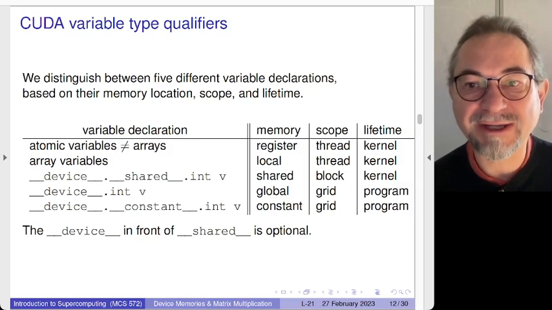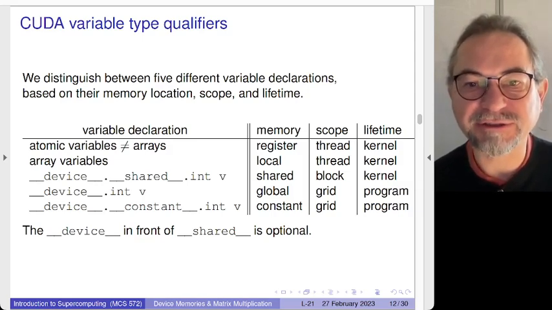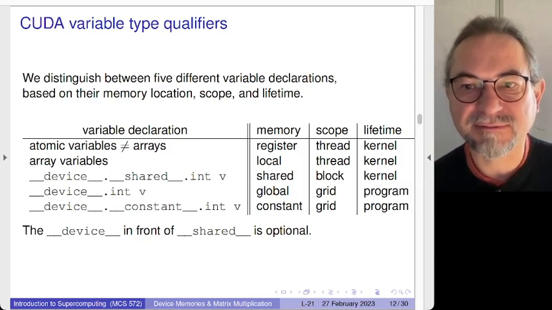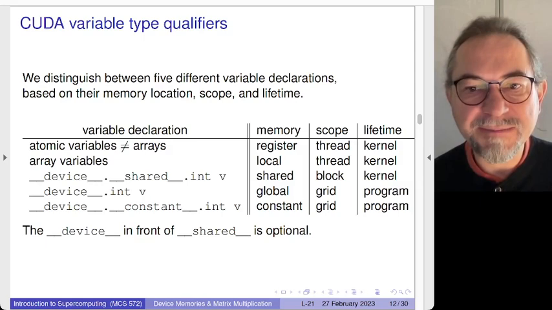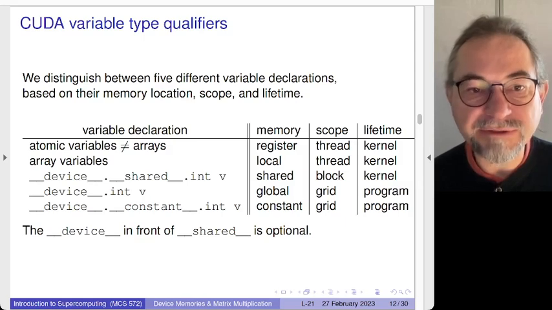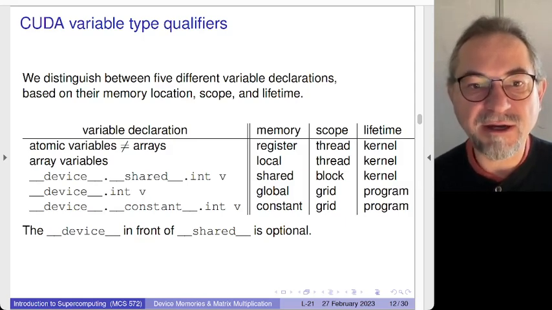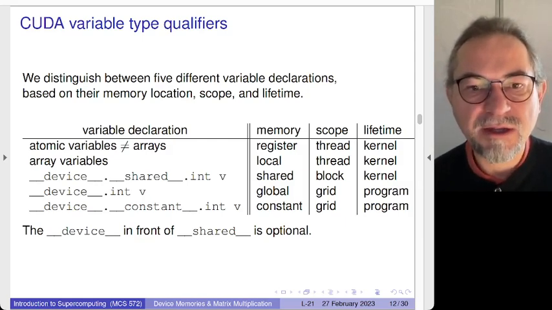So you will never get an entire array into registers. That should be clear. That's the main difference between array variables and elementary data types like numbers.